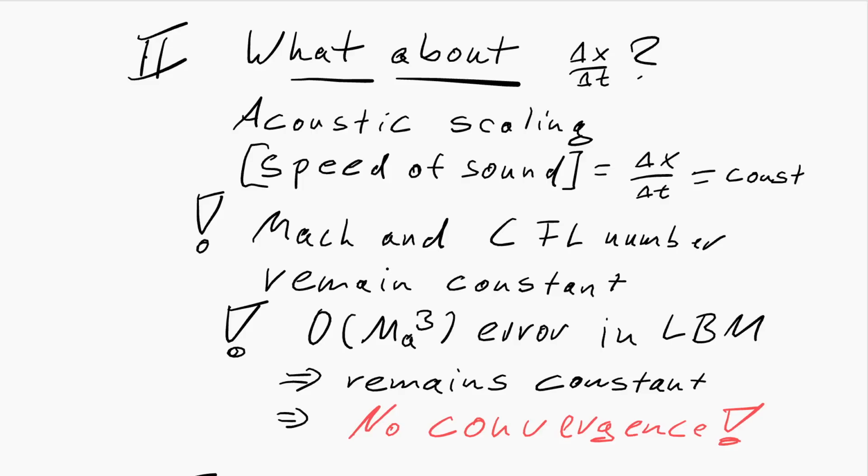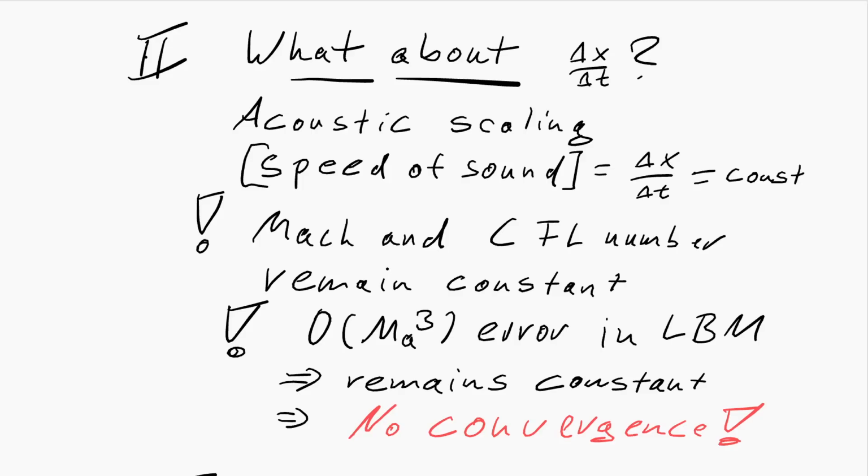Because the speed of sound is now constant, both the Mach number and the CFL number in our simulation remain constant, and this actually is a problem because the lattice Boltzmann method has a Mach order 3 error.